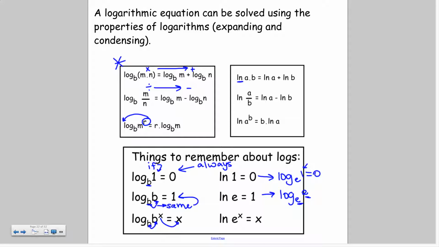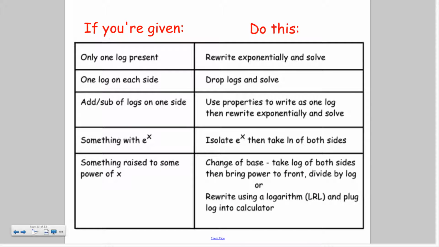It's just that this natural log, this LN, replaces this log base E. All right? It's the same thing all the way through. Just know the difference between the two. They just look different because we have a common log, we have a natural log. So just know. All right.